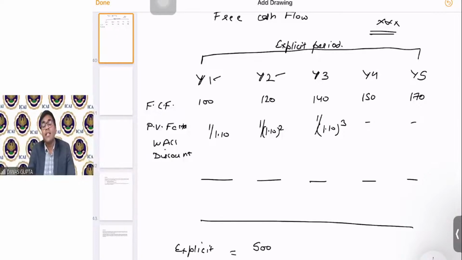If on one hand the company is reporting a profit of 1,000 crores, however the cash flow from operations is zero, in that case, we have not realized those profits till now. So cash flow from operations and earnings have to go hand in hand, subject to non-cash adjustments such as depreciation and working capital changes. So we are saying that the present value of whatever amounts we are going to realize in the next 5 years is 500 rupees.